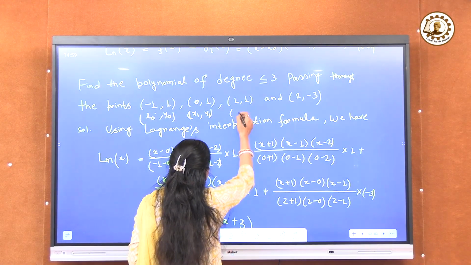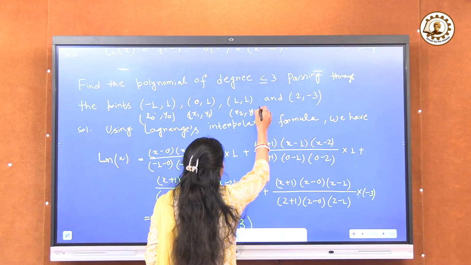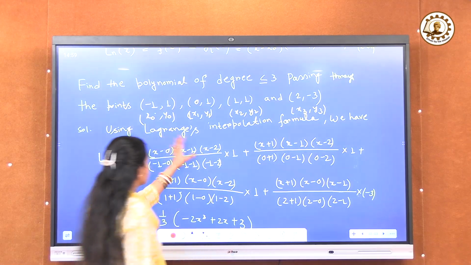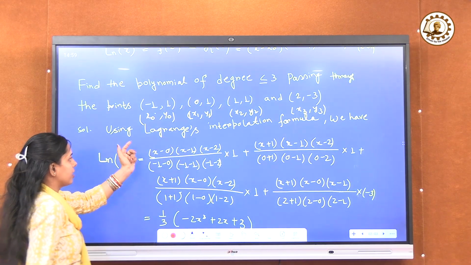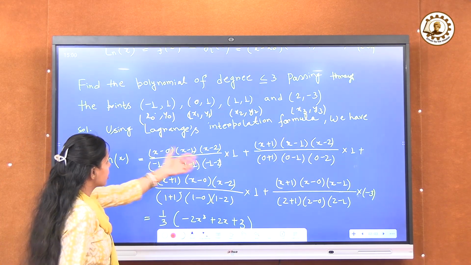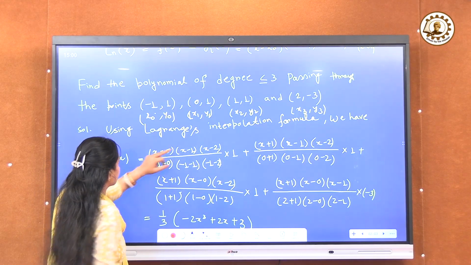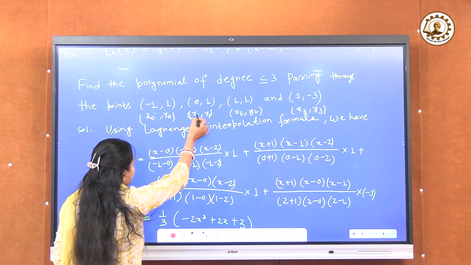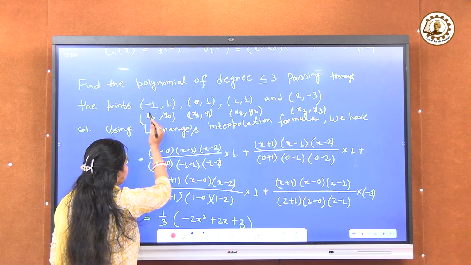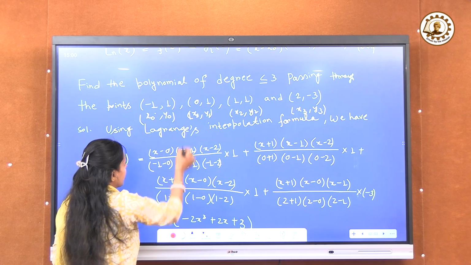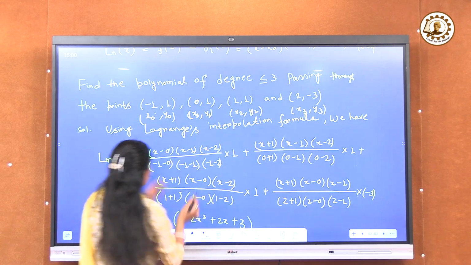Then we say (x2, y2) and (x3, y3). So these are the points, and we substitute them in Lagrange's interpolation formula. First we omit the x0 factor, so we have (x minus x1), (x minus x2).